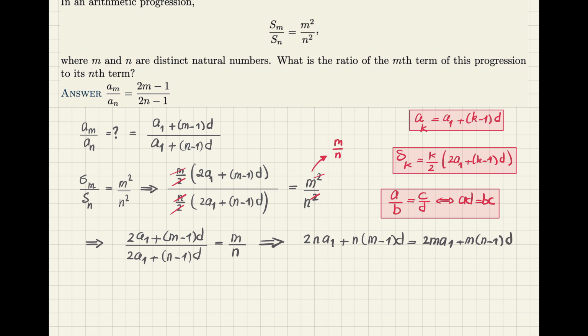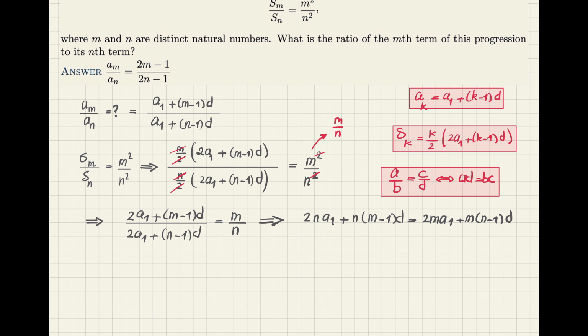Okay. And now I will try to simplify this. Okay, so I move the term containing a1 to the left, and I will move this one to the right by changing the corresponding signs. So this becomes 2n a1 minus 2m a1 is equal to m(n - 1)d minus n(m - 1)d.